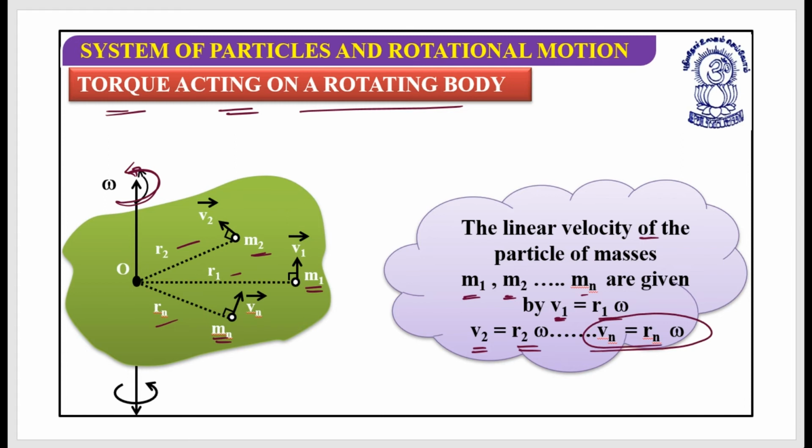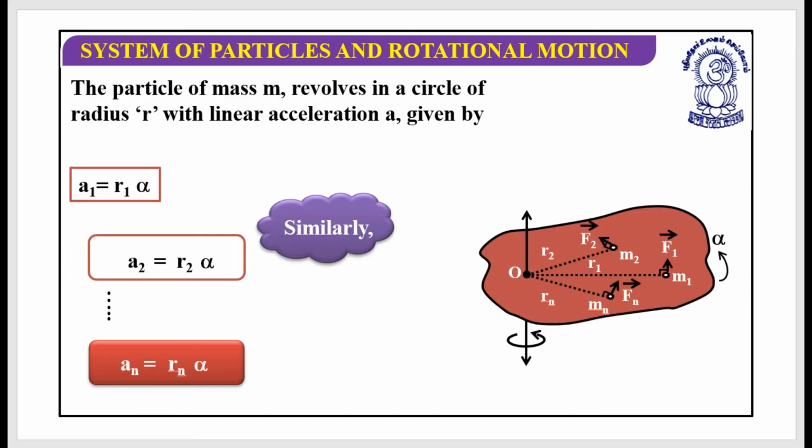vn could be written as rn into omega. These are the linear velocities of each particle. Each particle of mass m is revolving in a circle of radius r with tangential acceleration a_t equal to r alpha.